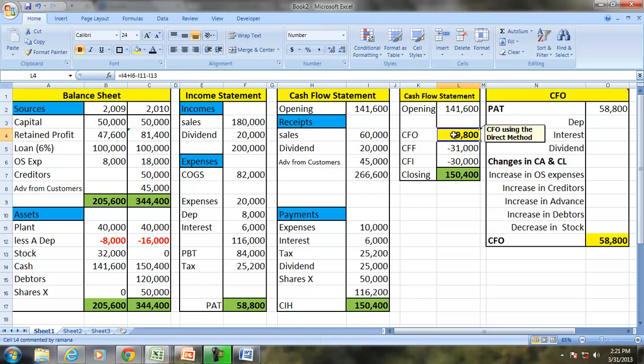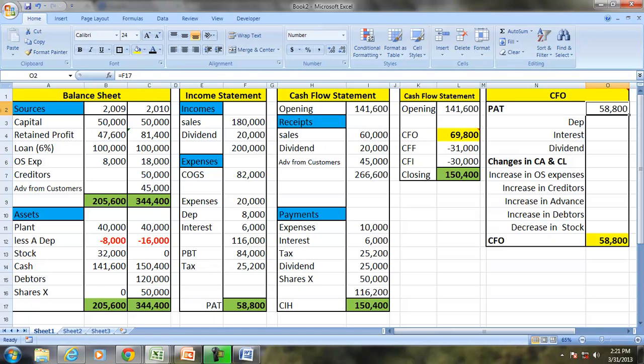Now next we will try to answer and address this difference between the PAT and CFO. PAT is 58,800 whereas the CFO is 69,800. So the question is, why is PAT not same as CFO, or why is CFO not same as PAT?